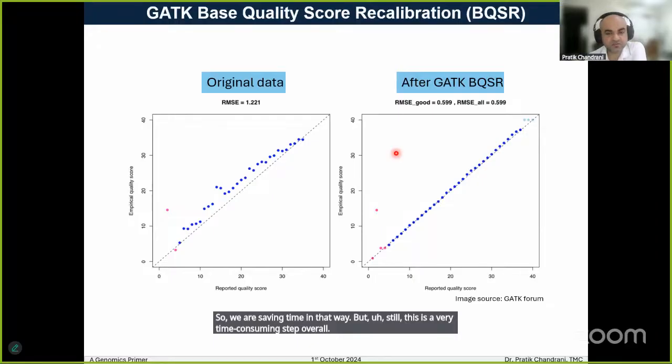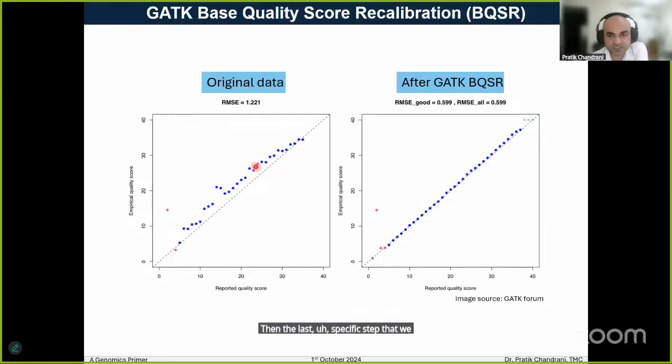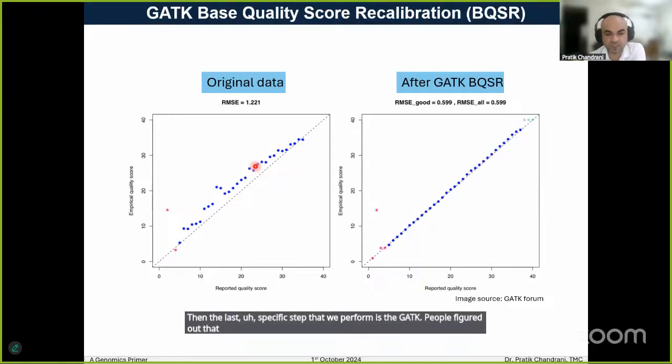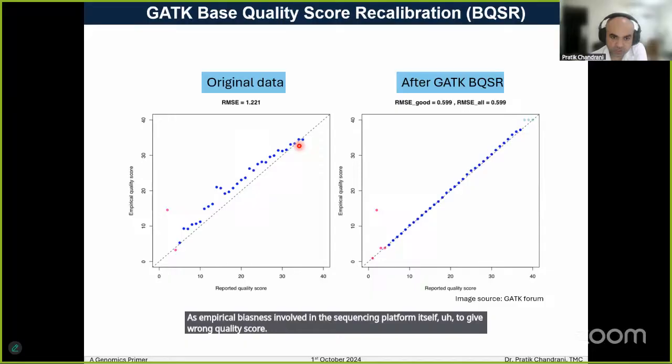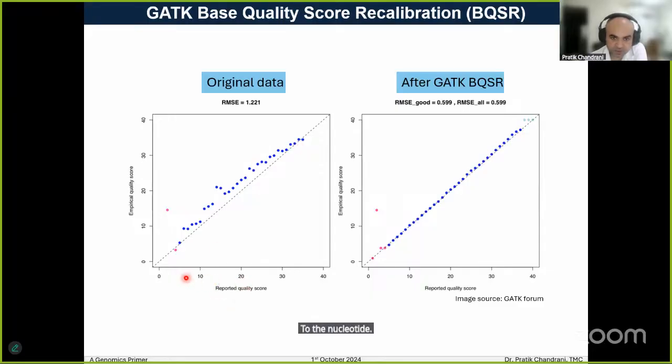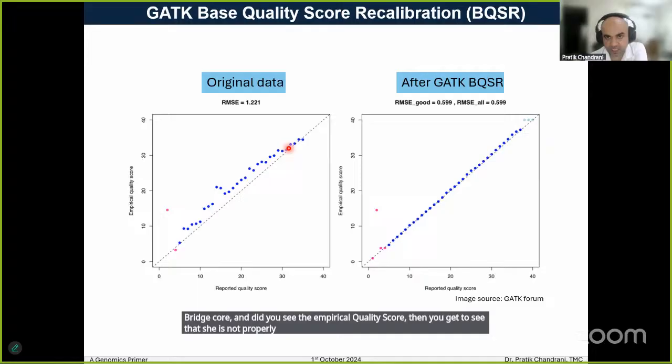Then the last specific step that we perform is that GATK people figured out that the Illumina platform has empirical bias involved in the sequencing platform itself, giving wrong quality scores to the nucleotides. If this is the true reported nucleotide Phred score, and this is the empirical quality score, then you get to see that this is not properly aligned together, and there is a systematic error happening.